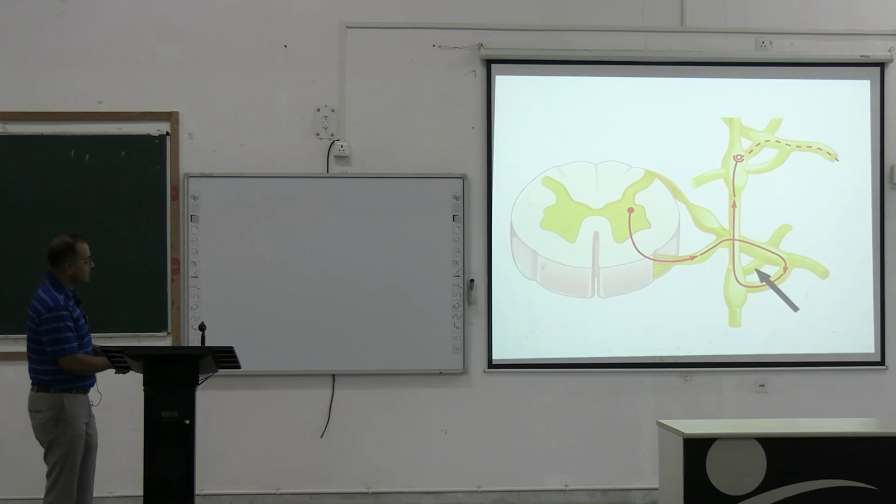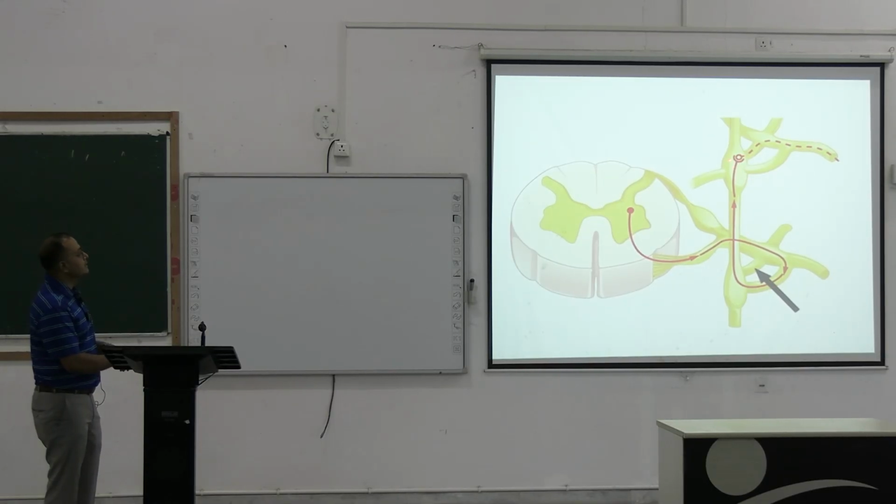This is the red one with the continuous line. The pre-ganglionic nerve fiber goes from this part, takes a wing over here, and then goes on. This tract from here to here we call the white rami communicantes. Similarly, it climbs up and ends here in the ganglion.